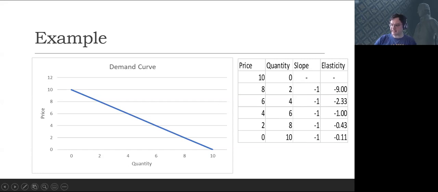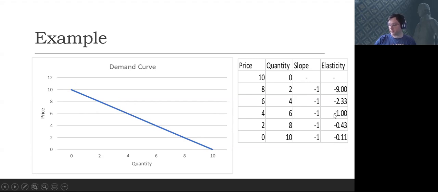However, the elasticity changes. Up here in the higher parts of the demand curve, where price is relatively high, we have a relatively elastic demand. Whereas down here, where price is relatively low, we have a relatively inelastic demand, as you can see.